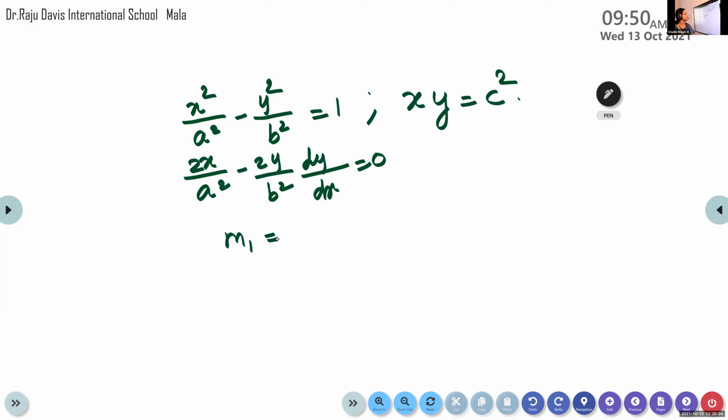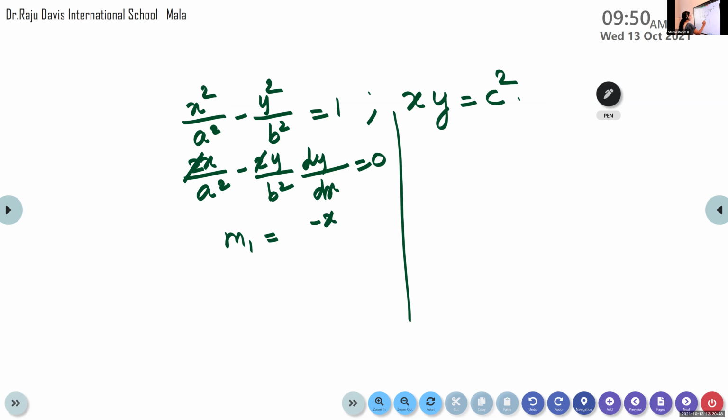Don't write more elaborately. Look here. You can write 2x by a square minus 2y by b square into dy by dx is 0. Now we can cancel 2. Take the term without dy by dx to the other side.